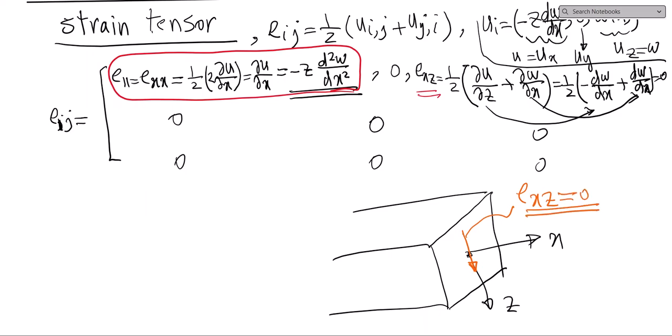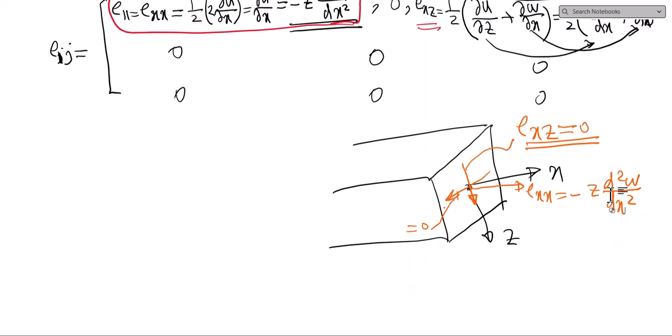What does it mean? It means there is no shear strain. And obviously for the other one, there is no shear strain, both of them are 0. The only component of the strain that survives is E_xx, which is minus z d²w/dx². The rest is 0. That is a very important conclusion. We have to realize what the implication of this is.